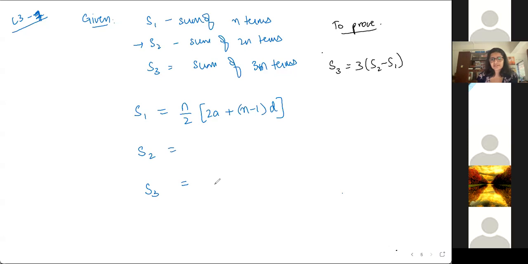RHS mein kuch nahi hai, you just have S3. You can simplify that if you want. LHS mein you have 3 into this minus this. So put the values of S2 and S1, simplify it, add, subtract, multiply, cancel, whichever. And that should be equal to S3.